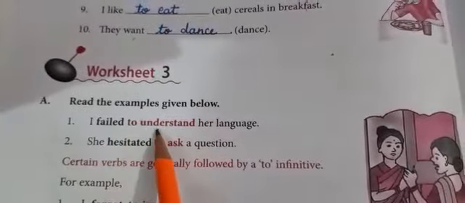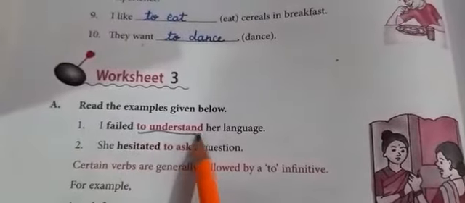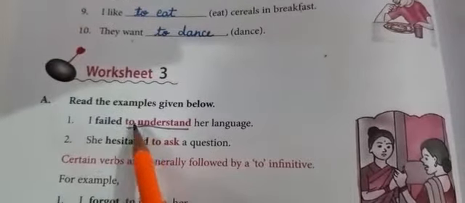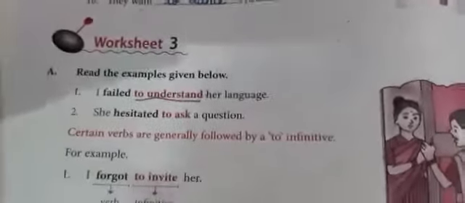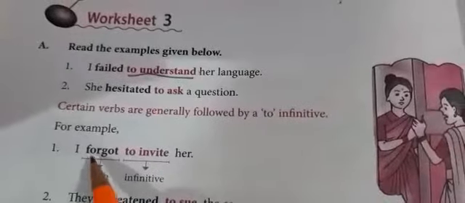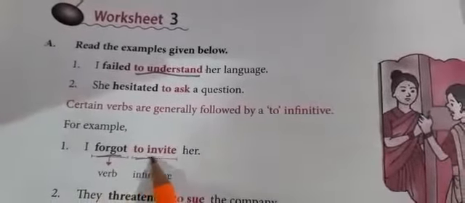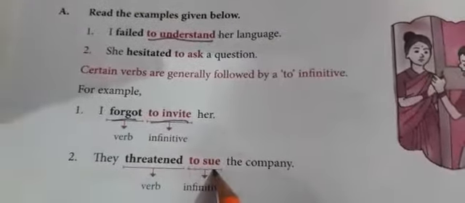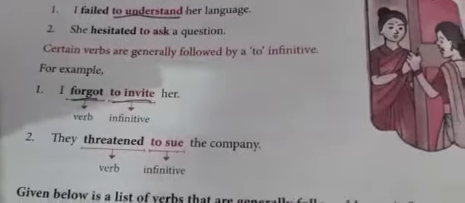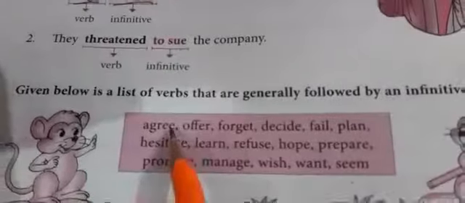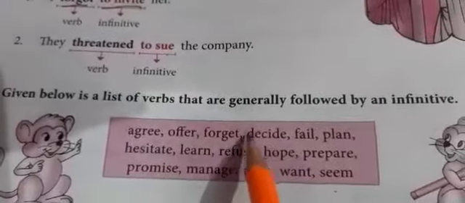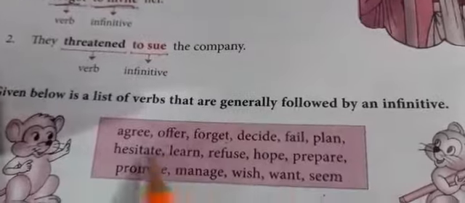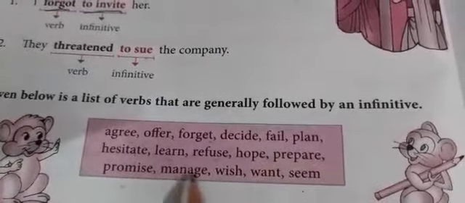I fail to understand. To understand, again, the infinitive. And in all the sentences, we use a main verb plus an infinitive verb, to invite, to sue, and there are some words: agree, offer, forget, decide, fail, plan, hesitate, learn, refuse, hope, prepare, promise, manage, wish, want, seem.